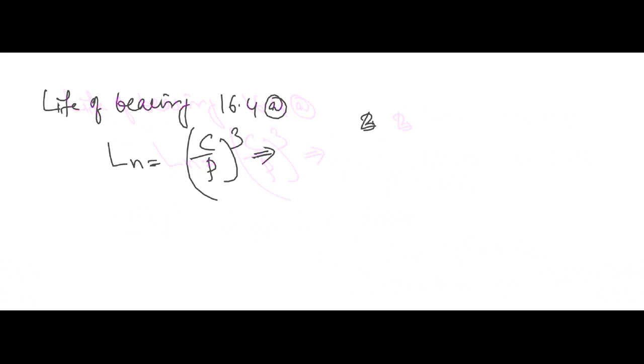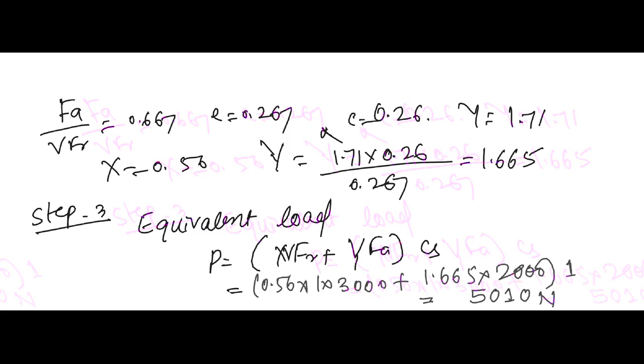You just check how much you noted for the value of C. Now P, how much did you get? Just 5010.